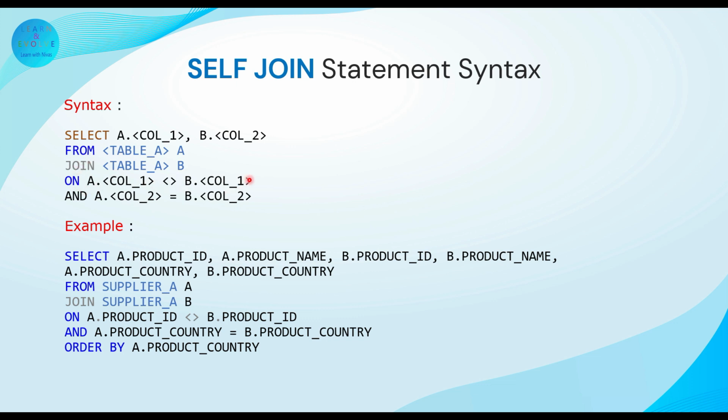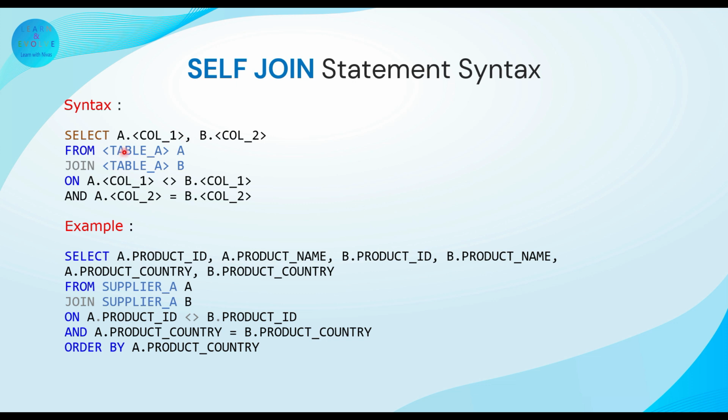So along with the ON condition, where this unique column should not be equal for both A and B, it is followed by another column where you want to find the duplicates, or order it based on duplicates, however you want. You need to specify some other column which is kind of common but has duplicate values. If you do that, you will get an output which gives you duplicate values.